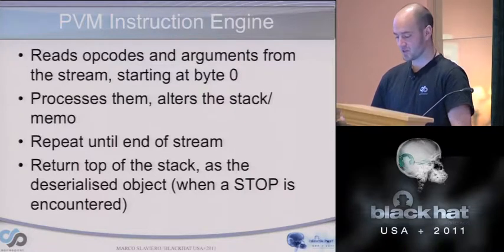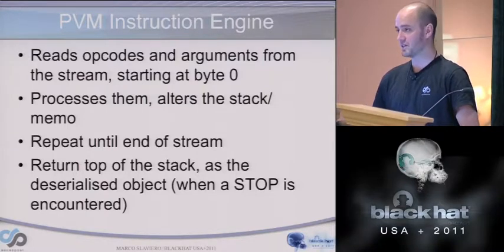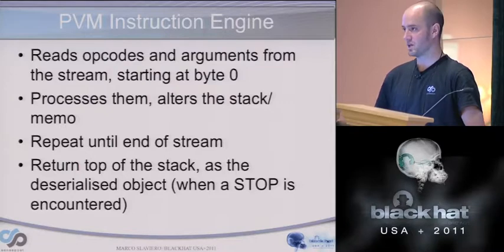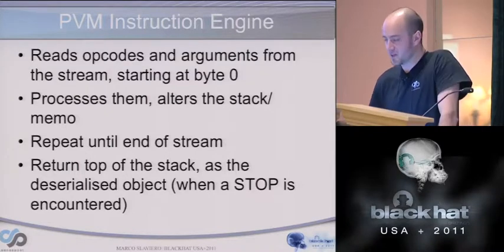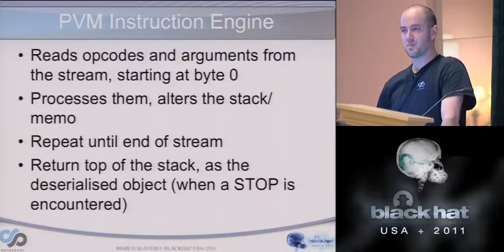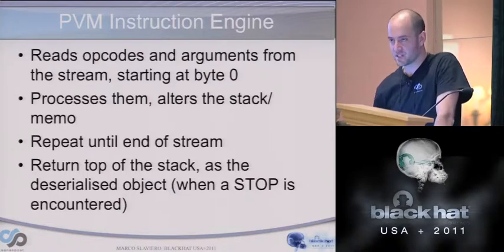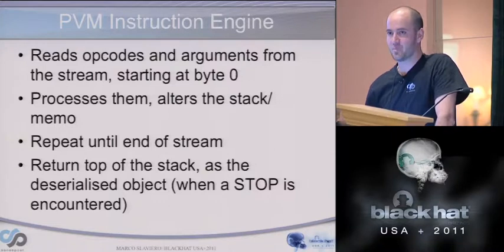So as it goes through the instruction sequence, it will execute each instruction in turn, and it will alter its memory structures depending on what it gets told to do. And it keeps doing that until it encounters a final instruction called stop. What stop does is take whatever object is on the top of the stack at that point in time, and return that thing as the result of the unpickling process.